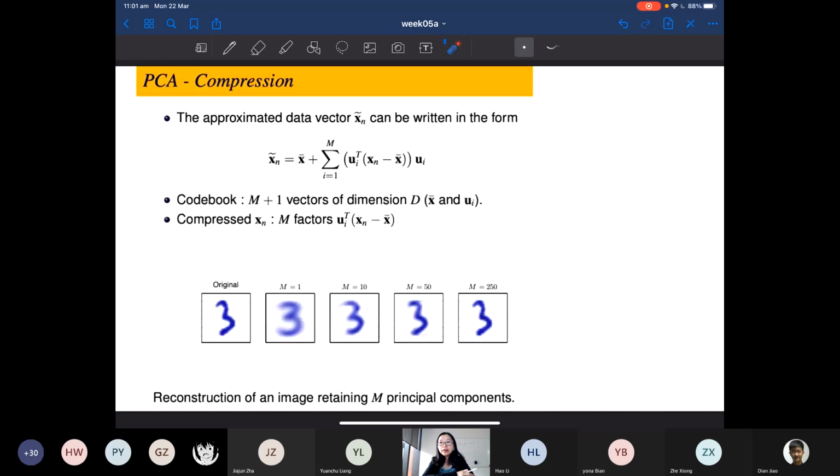There are many things that we can envision PCA could do for us. One thing is, we can intuitively think about PCA as a compression mechanism.